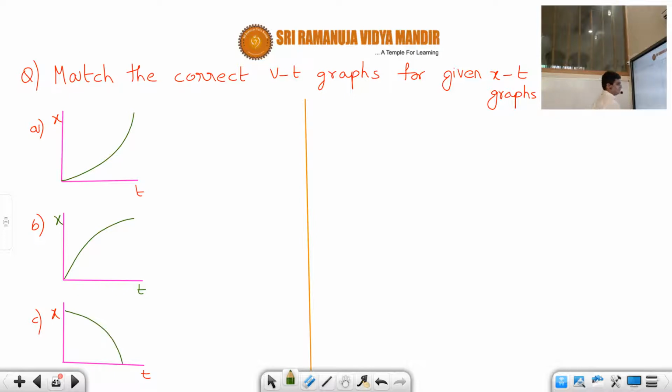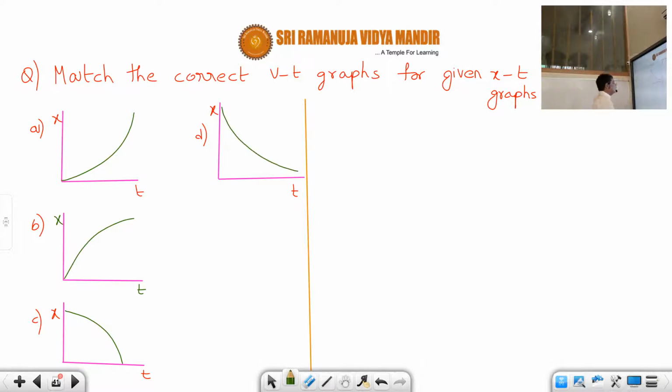Next, D. These are all different types of xt graphs. This is the next xt graph, and let us say the shape of this graph is like this.